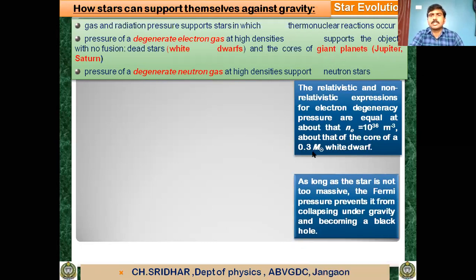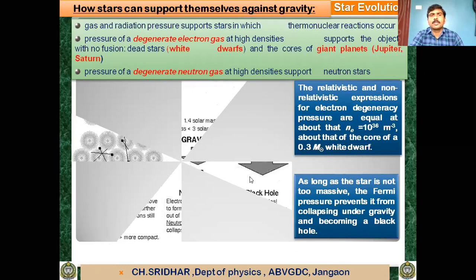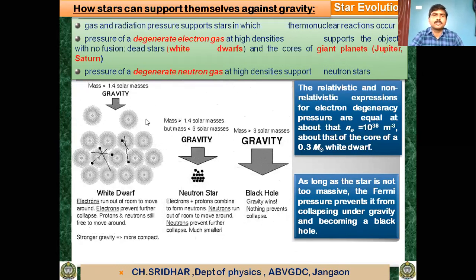As long as the star is not too massive, the Fermi pressure prevents it from collapsing under gravity and becoming a black hole. And this is the picture which gives the definitions of white dwarfs, neutron stars and black holes. If the mass is less than 1.4 solar masses, that is a white dwarf: electrons run out of room to move around, and electrons prevent further collapse. The protons and neutrons are still free to move around.